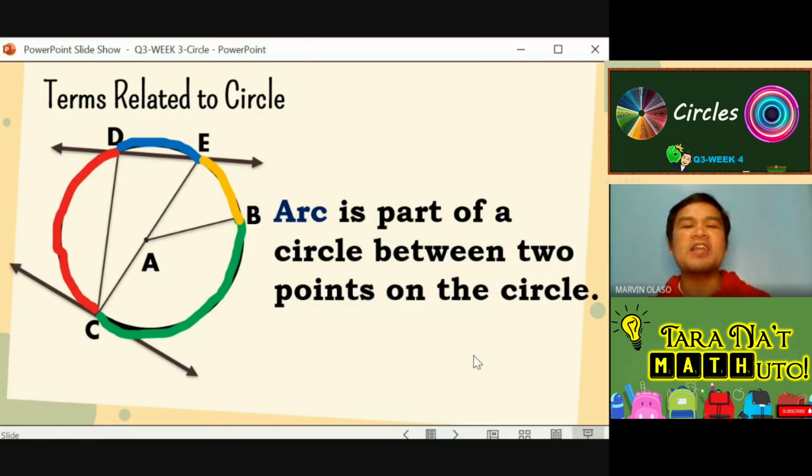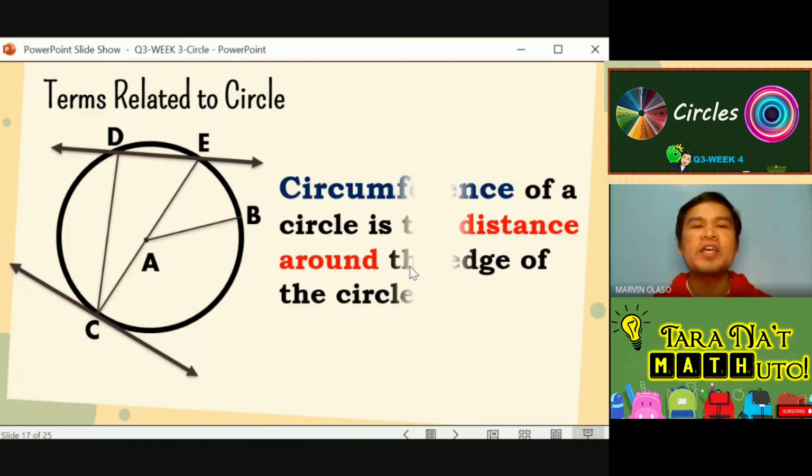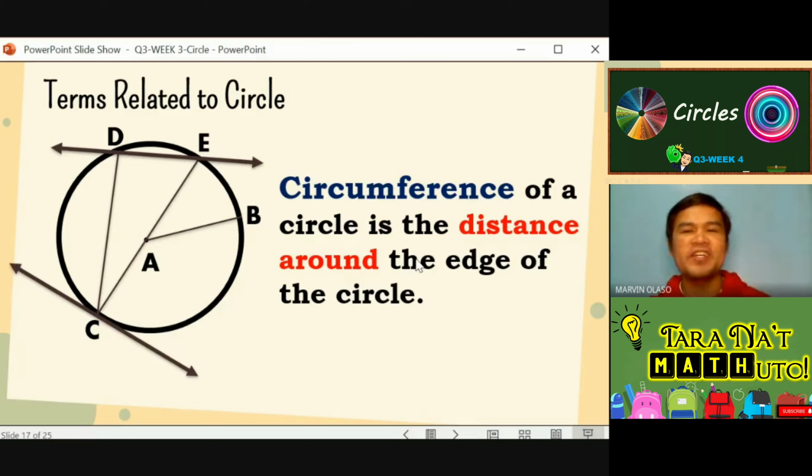And, ayan na, the next term. Ano kaya ang next term natin? We have this term, what you call circumference of a circle. When we say circumference of a circle, it is the distance around the edge of the circle. Actually, it is related also to perimeter.